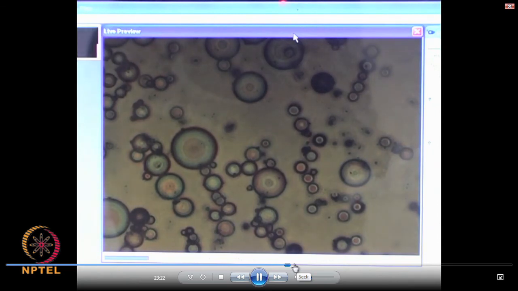I hope you will appreciate, compared to the bright field illumination, a significant improvement in the contrast because of the action of the phase plate.